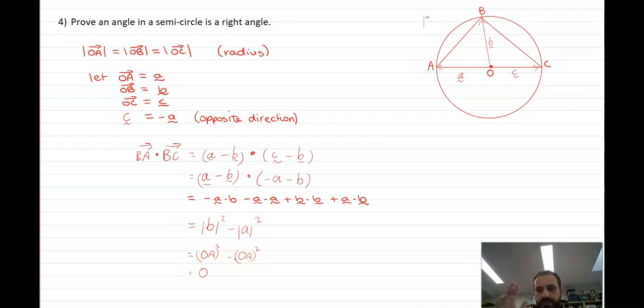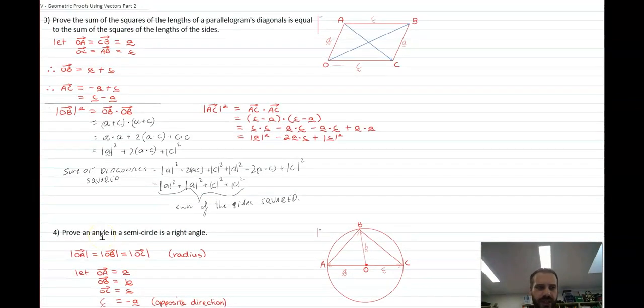Subtract one from the other, you get 0. So we found the dot product is equal to 0. Therefore, there's a right angle between those vectors. And what do those vectors happen to be? They were BA and BC. If there's a right angle, then we've just proven an angle in a semicircle is a right angle.